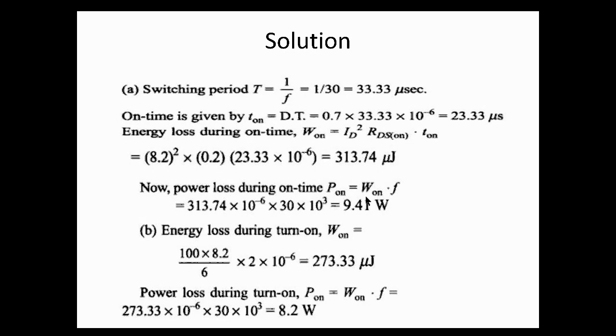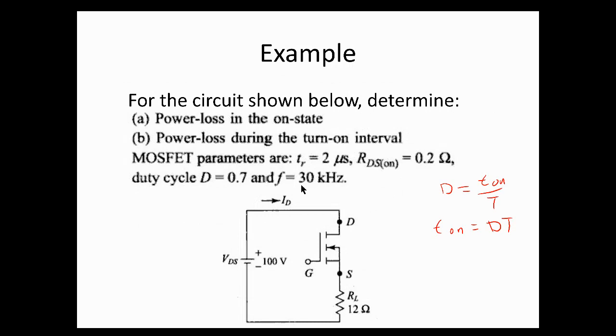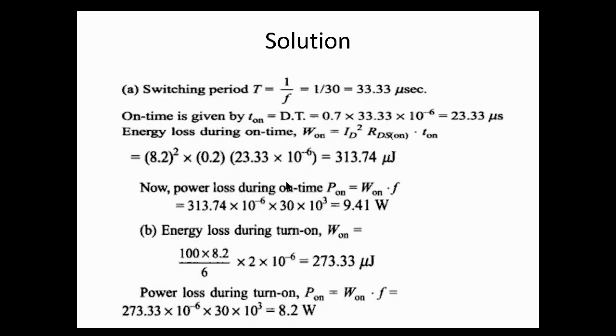So we have the energy loss, and we now need to know the rate of that loss. That will give us the power. By multiplying by that frequency, we're told that the frequency is 30 kilohertz. So you make that substitution, and if that's correct, we have 9.4 watts. All right, that's pretty straightforward.